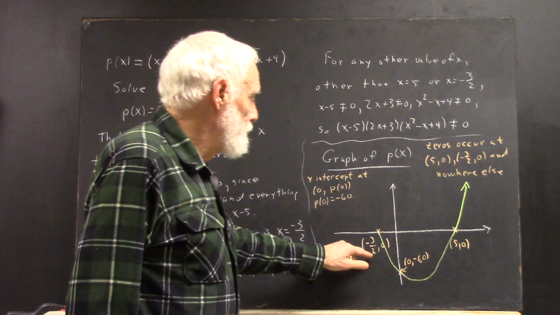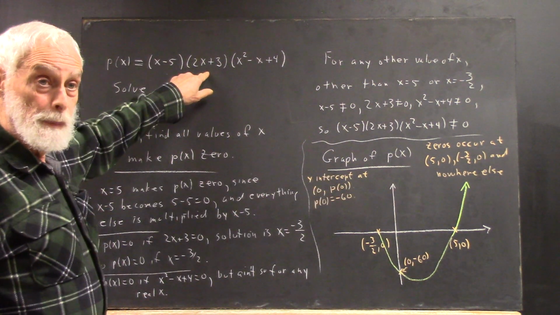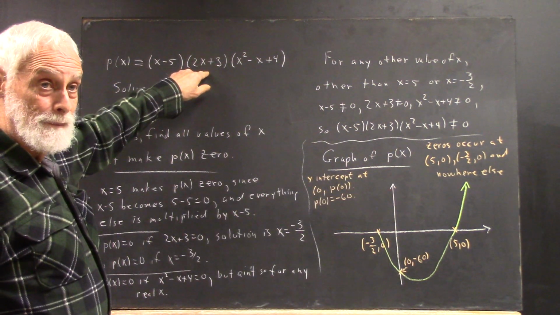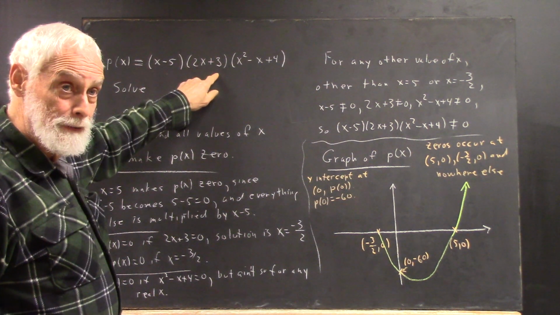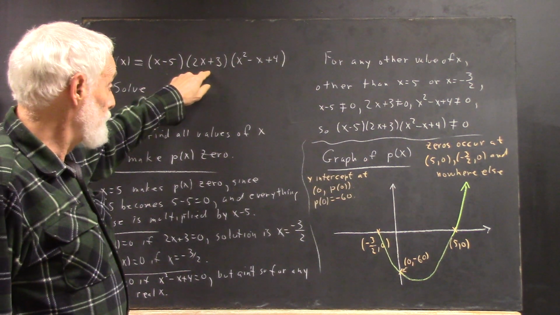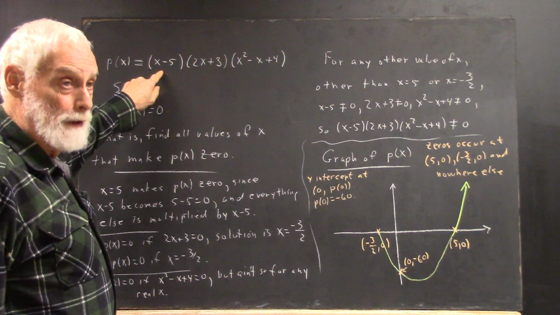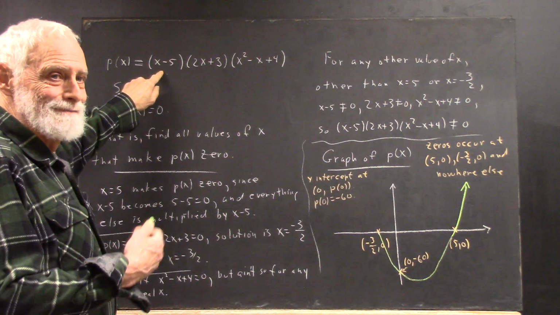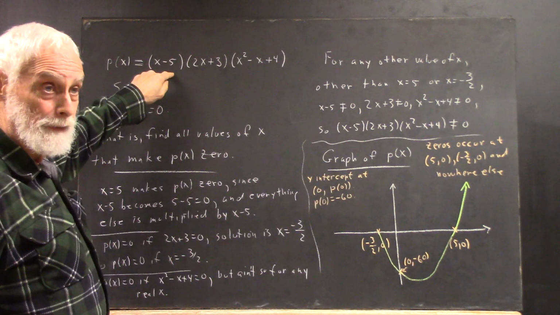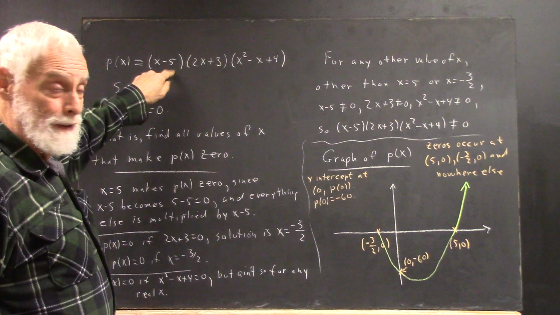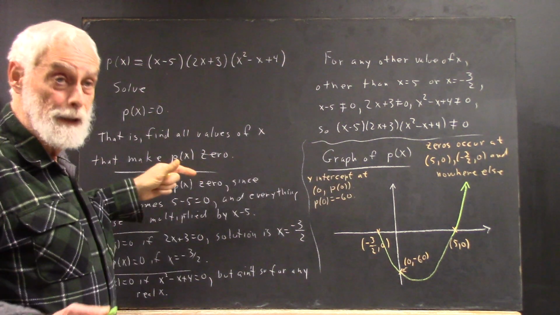And then to the left of negative 3/2, for numbers less than negative 3/2, this is going to be negative. Okay? Because if x is bigger than negative 3/2, this is positive. If x is less than negative 3/2, it's going to be negative. And this is certainly going to be negative. Negative 3/2 minus 5. Any number less than negative 3/2 is negative, and any negative number minus 5 is negative. And the further x goes into the negatives, the bigger this number gets, but it's a bigger negative, right?